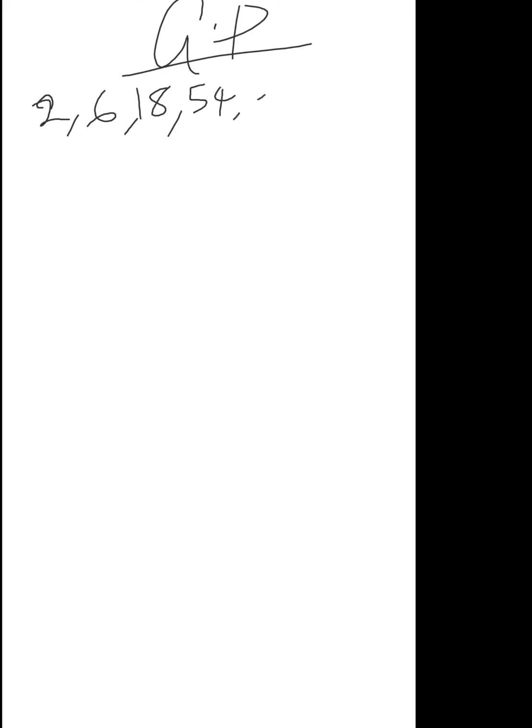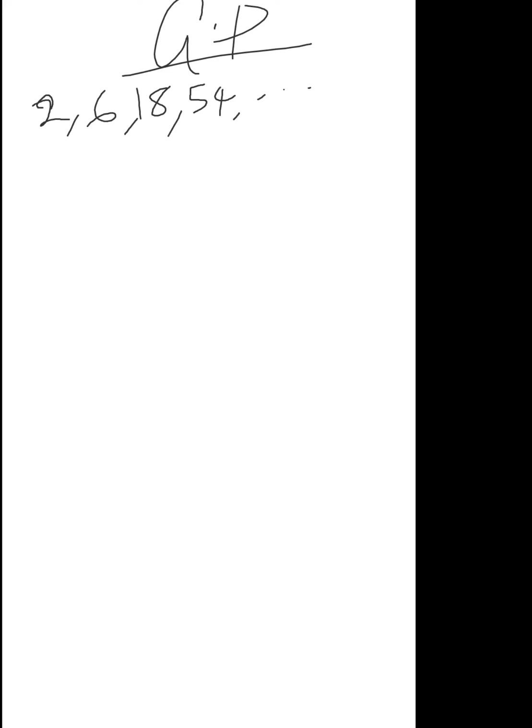So now we are moving to GP. The example we gave for GP is, if you have 2, the first number is 2, the next number is 6, the next number 18, the next number is 54, and so on and so forth.